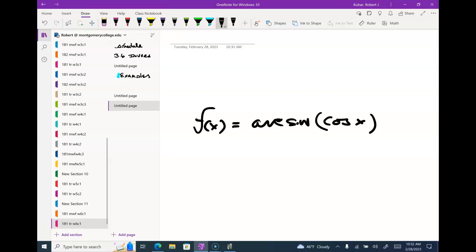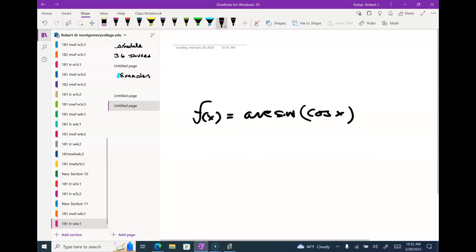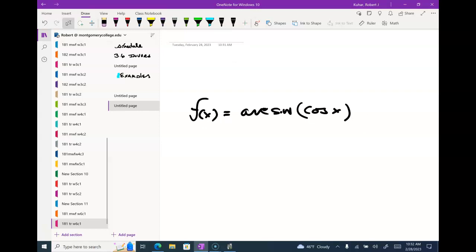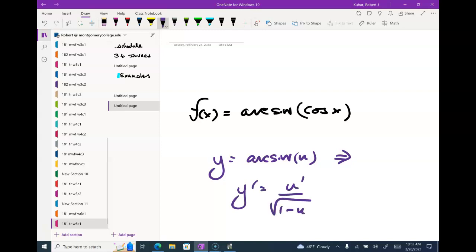And it's funny, if you go into the formula that I gave you, find u prime, find u squared, plug and chug, you'll still get 1. Maybe I'll do that, but let's do this one. What's the formula I have memorized or tattooed or on my formula sheet? y equals the arc sine of u gives me y prime is u prime over square root of 1 minus u squared.